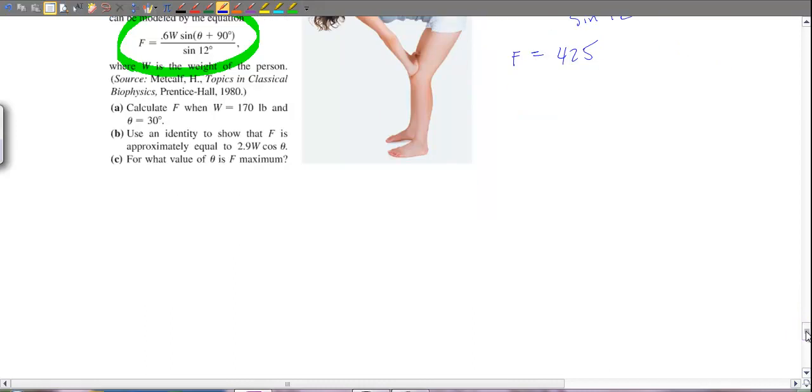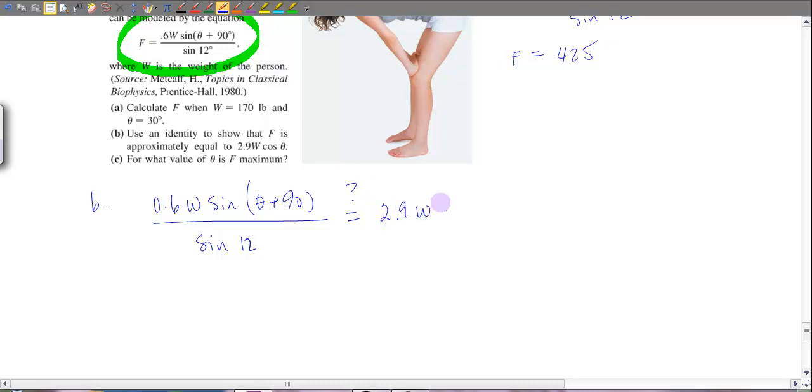We're trying to show that 0.6 W times the sine of theta plus 90, divided by the sine of 12, is equal to 2.9 W cosine theta.